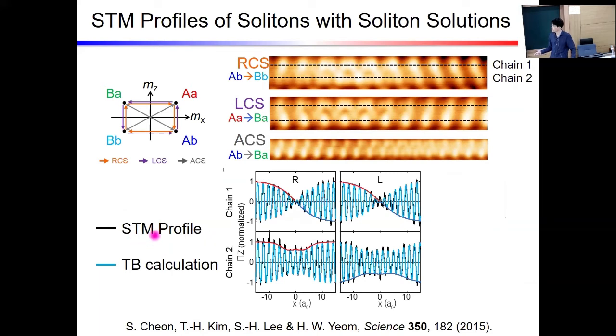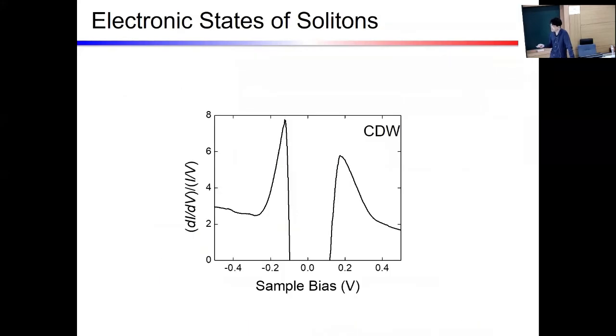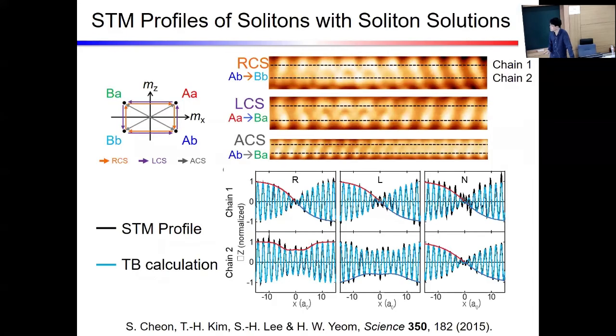The STM profile is the black, but the tight binding calculation is blue. As you can see, they match almost 100% perfectly. And this is the STM apparent height profile, which is proportional to the charge density. So a bright spot is a higher charge density, and the dark is a lower charge density.